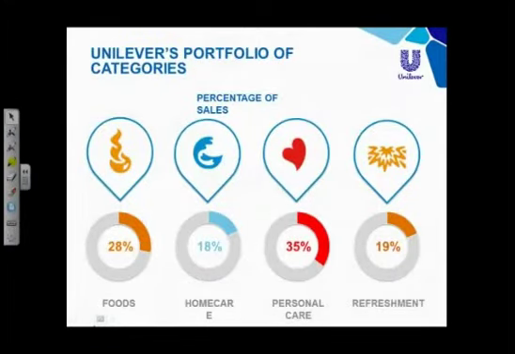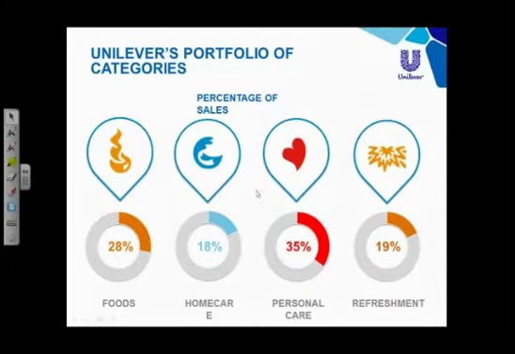And that company is split into four divisions or categories around the products. So we have a sizable part of foods. We have a home care division, so cleaning products for your home, bleaches and the like.